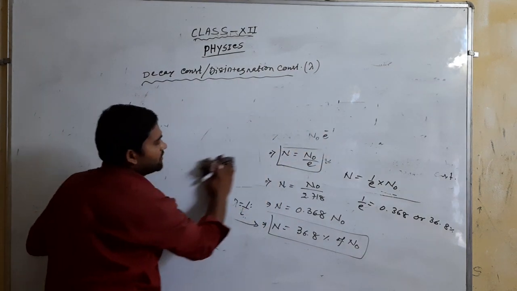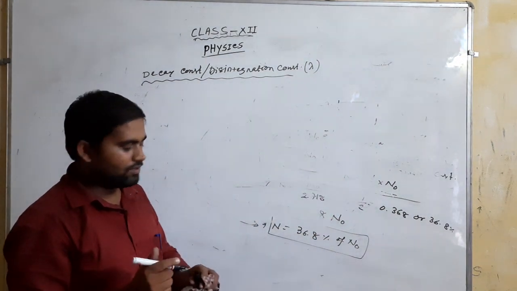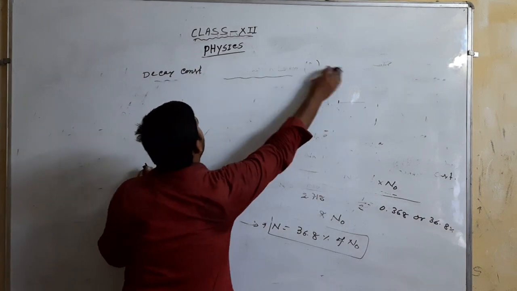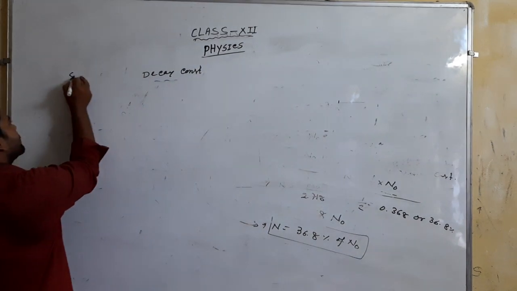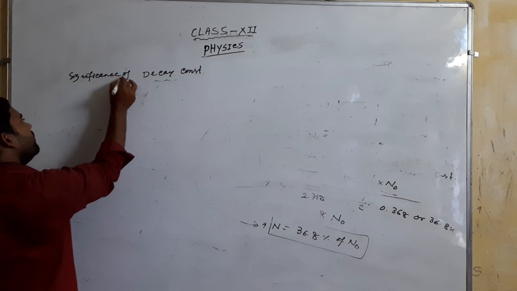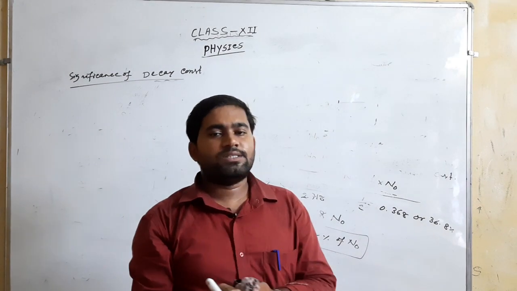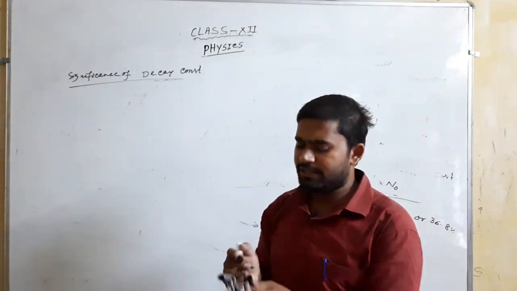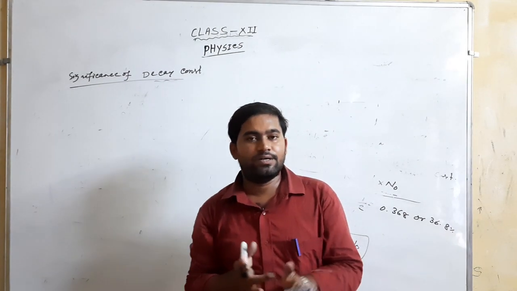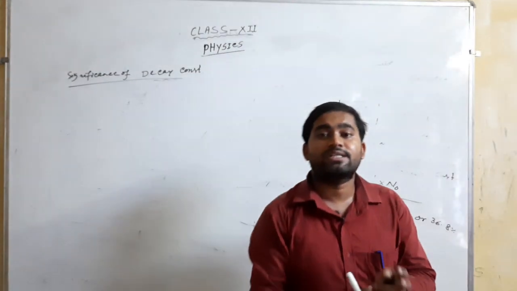Now let us discuss the physical significance of the decay constant. Mainly there are 3 to 4 significances. First, the decay constant is a characteristic of a radioactive substance.